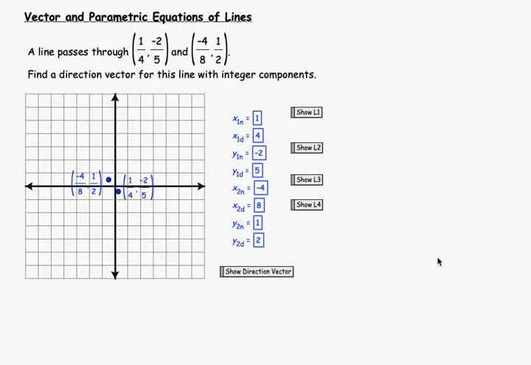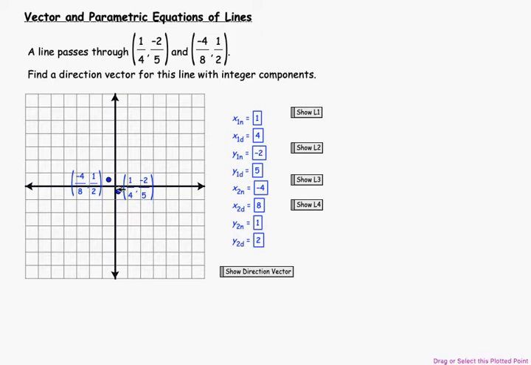So I now have a line that's passing through those 2 points, (1/4, -2/5) and (-4/8, 1/2). Find a direction vector for this line so that it has integer components. So remember, if you're going to find a direction vector, we have to determine whether we want it to go from here to here, or from there to there.